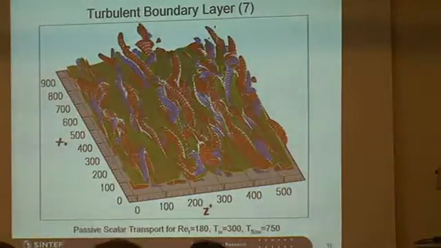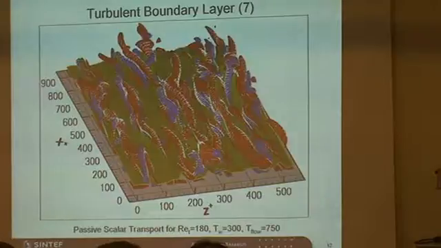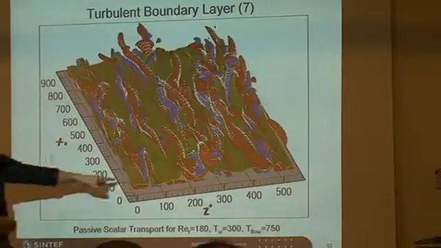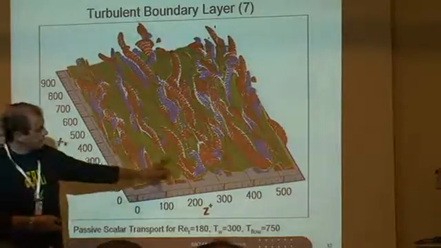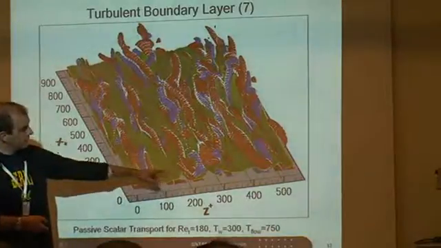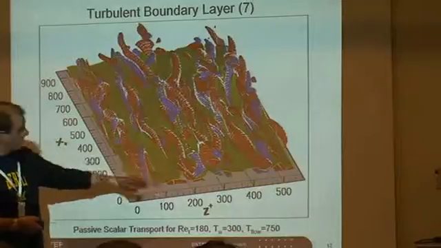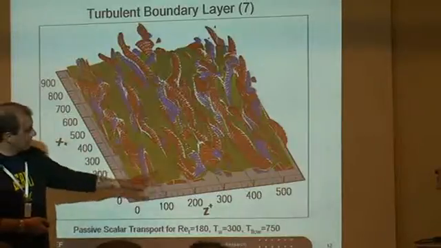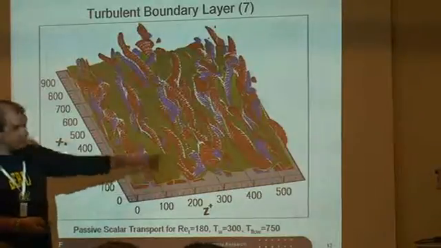Okay, so this is the channel flow that I did myself with the passive scalar. The wall is at 300 Kelvin, and the bulk flow is at 750 Kelvin. You see an isosurface in green at a temperature of 700 Kelvin, and how it is changed by these structures.